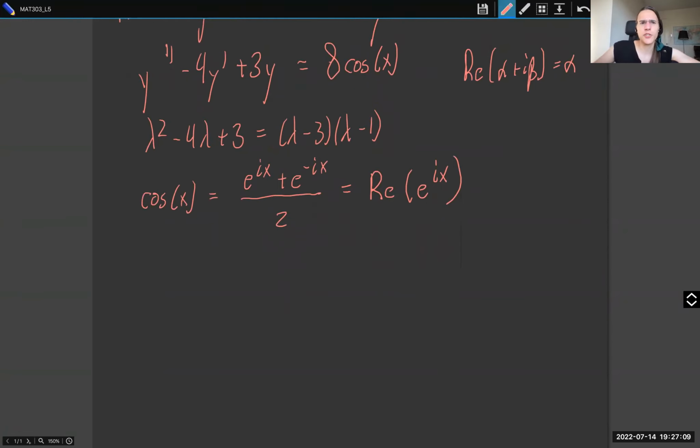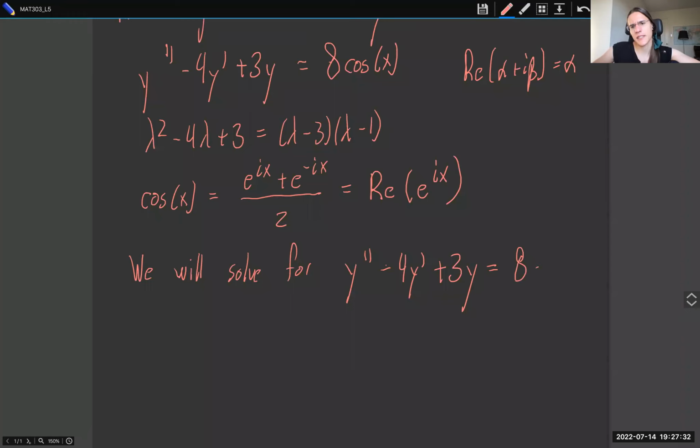So what we're going to do is we will solve y prime prime minus 4y prime plus 3y is equal to 8 times e to the ix.